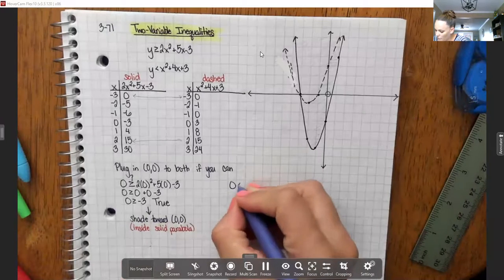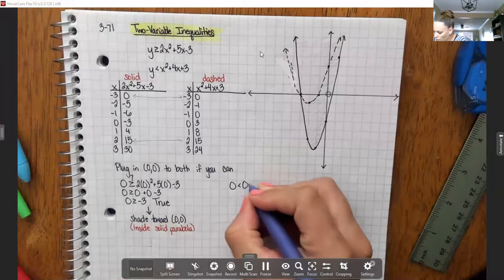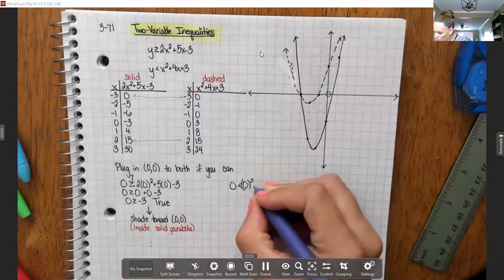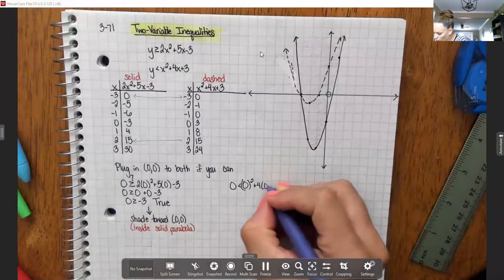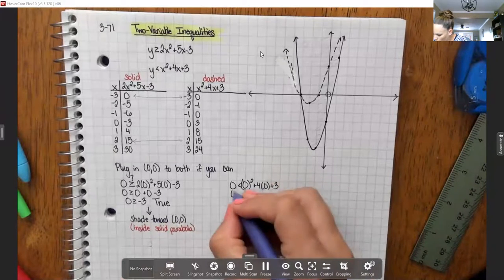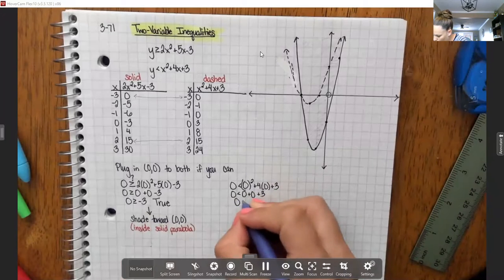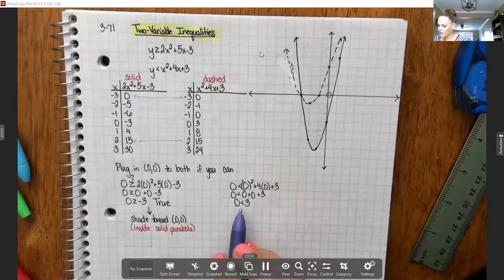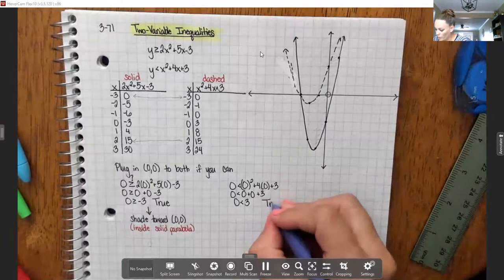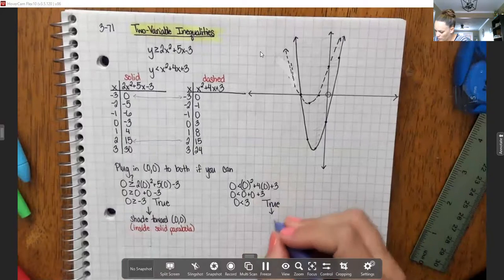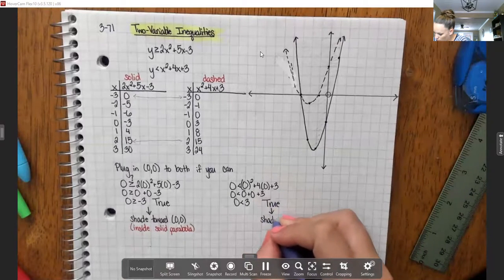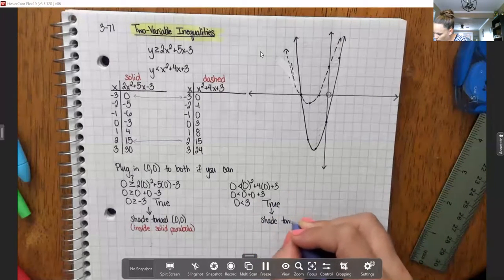Plug the 0, 0 into the other one as well. 0 is less than 3 is true. So again, we shade towards 0, 0.